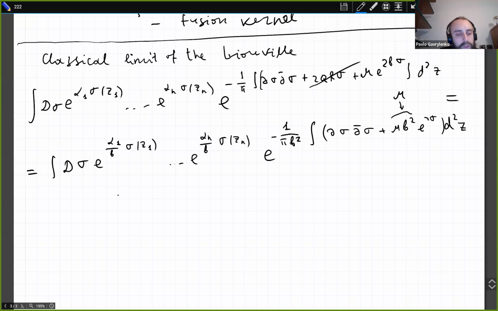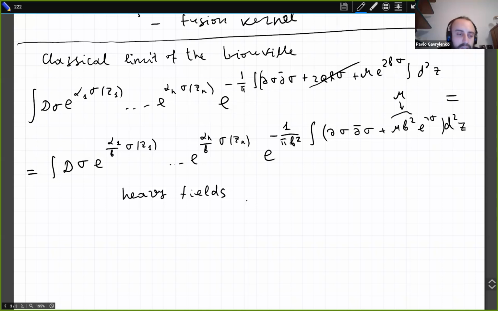So there are two options. When they scale like 1 over b, it's something not very interesting because they are not of the same order as the action, but they are still big.